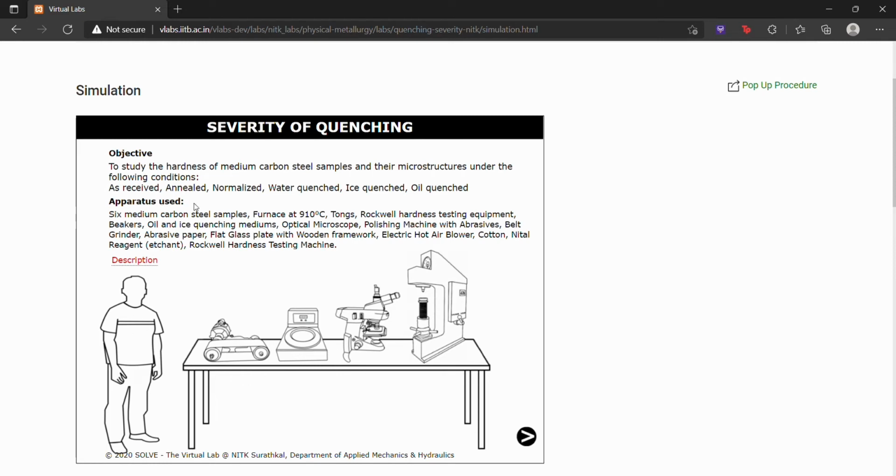The apparatus used are 6 medium carbon steel samples, furnace at 910 degrees Celsius, tongs, Rockwell hardness testing equipment, beakers, oil and ice quenching mediums, optical microscope, polishing machine with abrasive, belt grinder, abrasive paper, flat glass plate with wooden framework, electric hot air blower, nital reagent, Rockwell hardness testing machine.